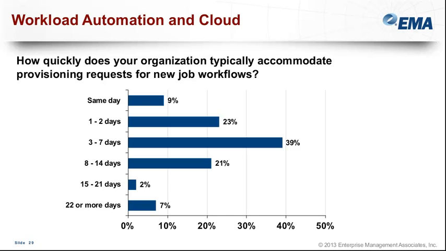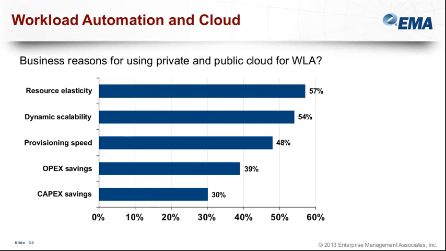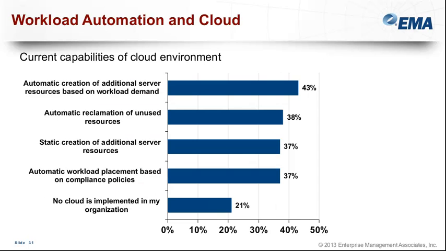So that's a very long time compared to what they can get when they look for other cloud services. And the business reasons for using private and public cloud in the first place are obviously elasticity, scalability, and provisioning speed. So companies are really looking to be faster in terms of deploying their workload. And here you can see a quick overview of current capabilities in cloud.